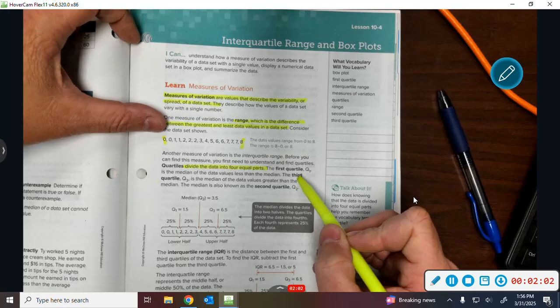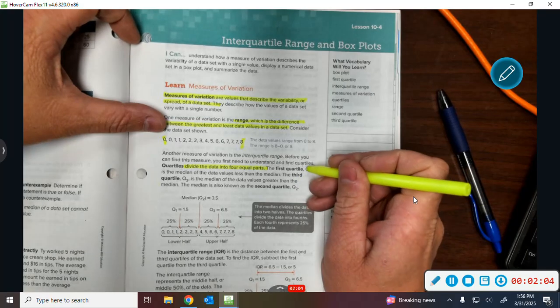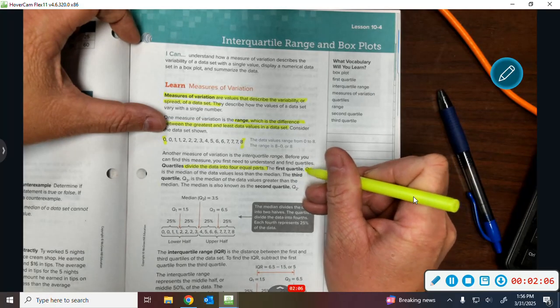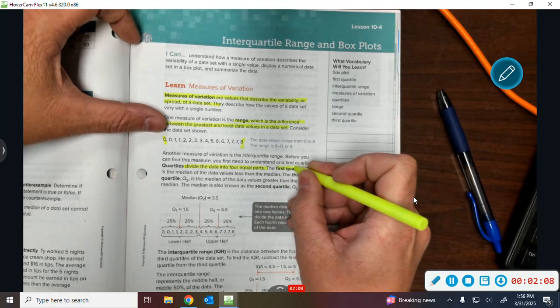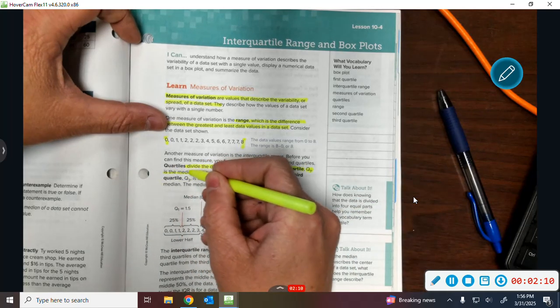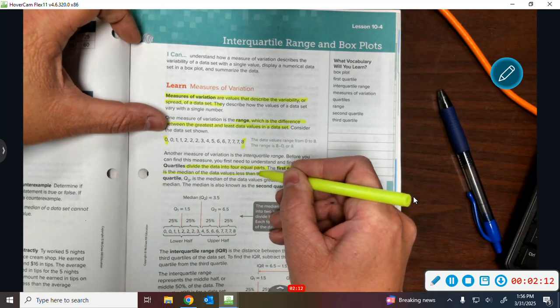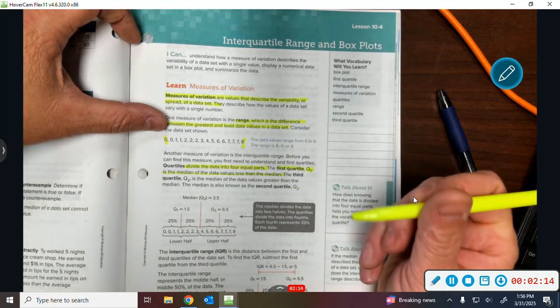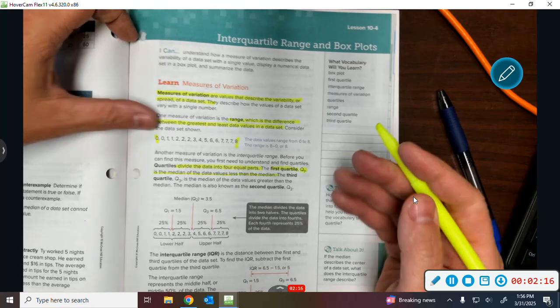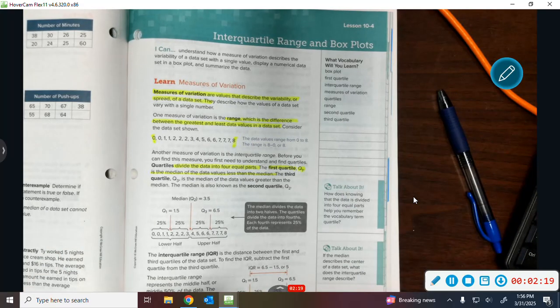The first quartile, or Q1, is the median of the data values less than the median. What that means is it's the middle of the lower half of data.